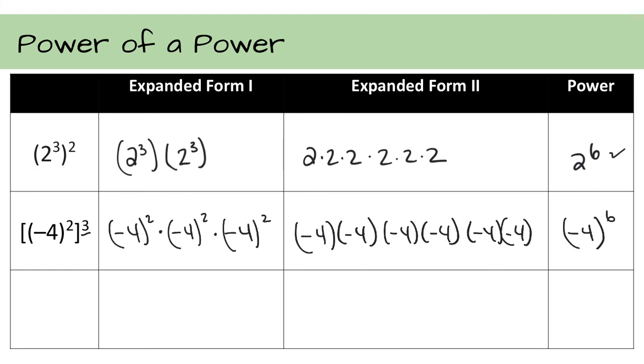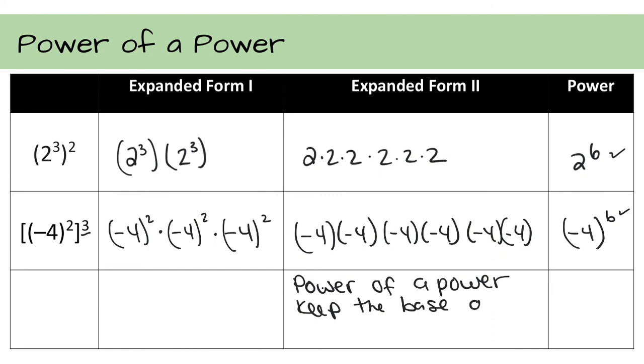So again, based on this, it looks like we're multiplying our exponents. So when we have a power of a power, we keep the base and multiply the exponents.